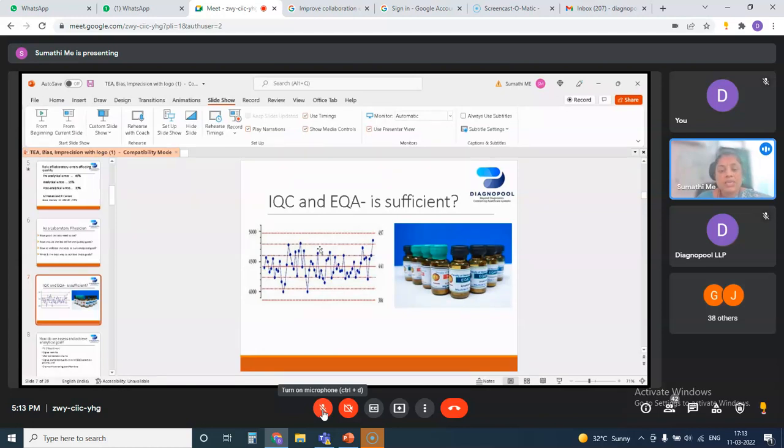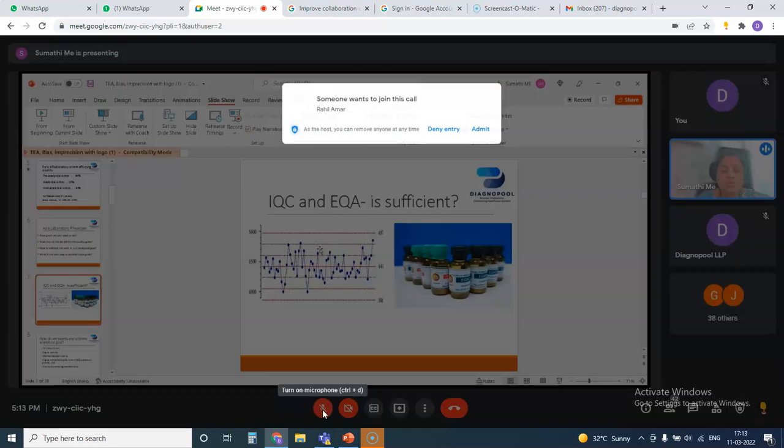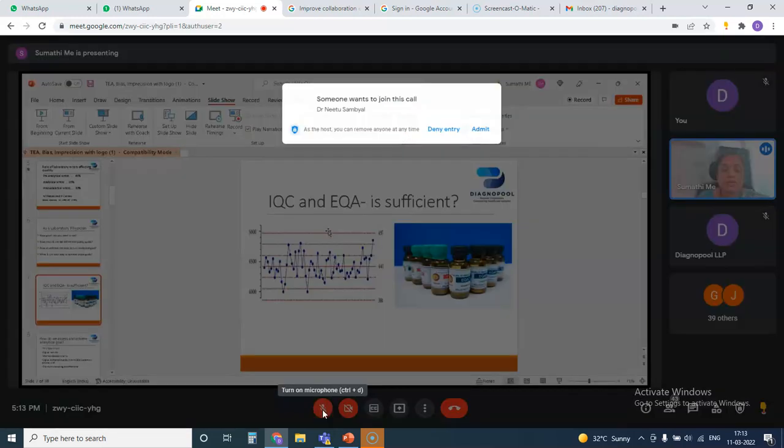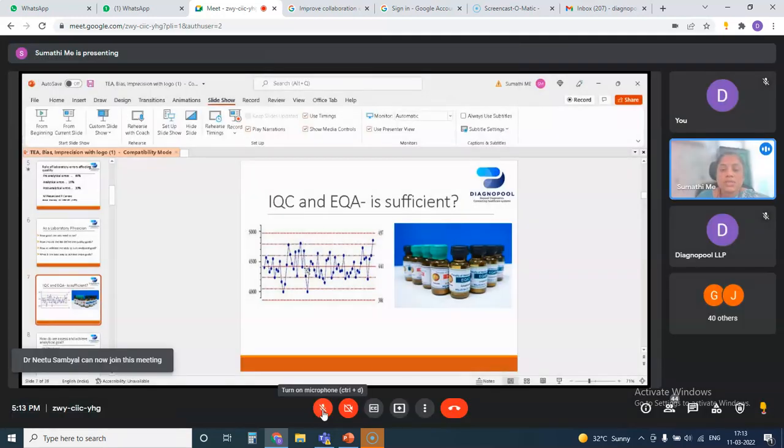So basically the internal quality control is an activity which depicts the reproducibility of an assay, which is how the assay can be reproducible on a consistent basis. In terms of this, we call it precision. Okay, so that we are going to discuss in detail.